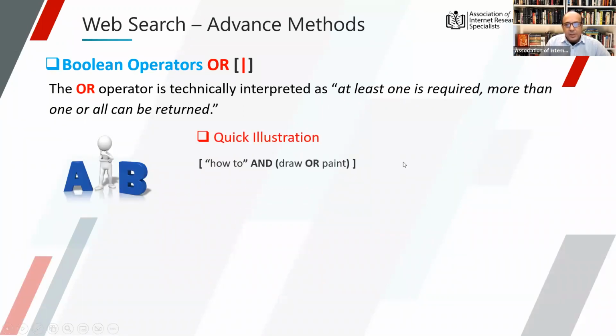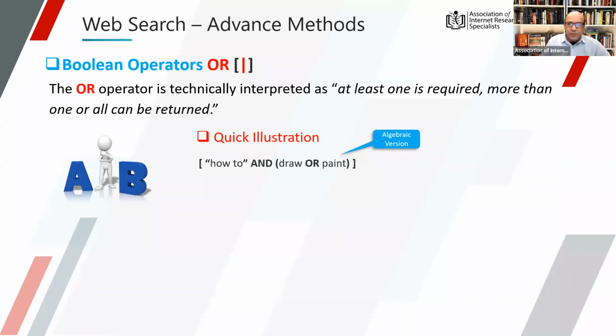Irrespective, let's look at quick illustrations of how AND can be used and how OR can work with AND. So what is this quick illustration? Draw AND draw OR paint. Now, we don't use parentheses in Google search. You know that in Bing, parentheses are useful, effective and workable.